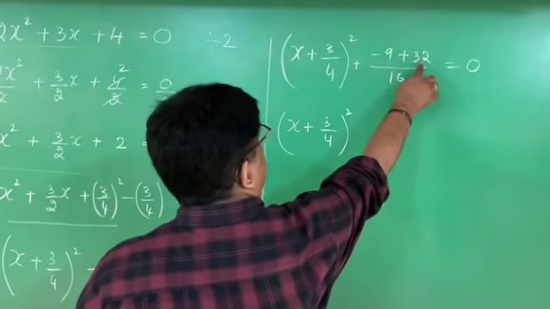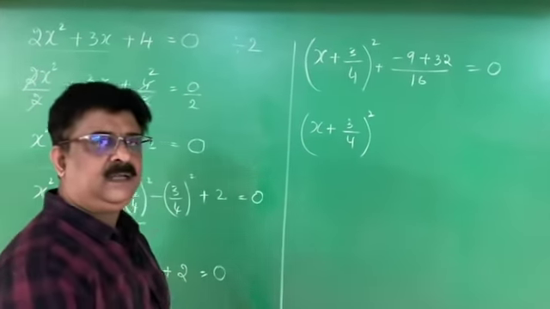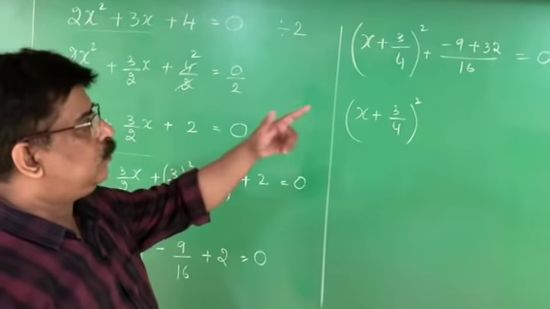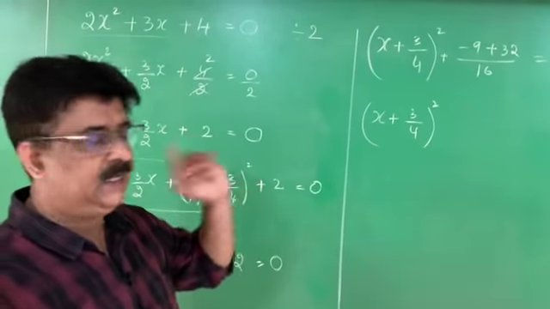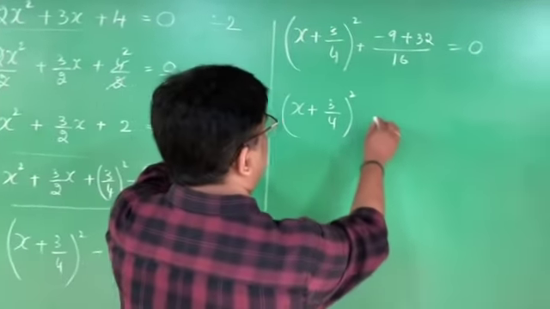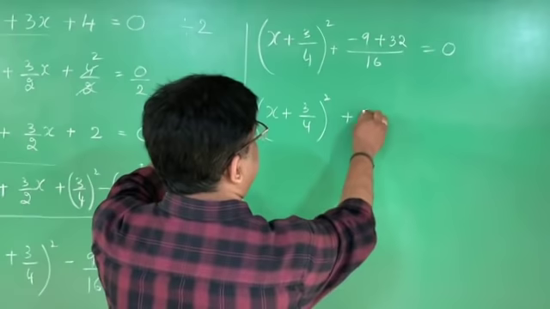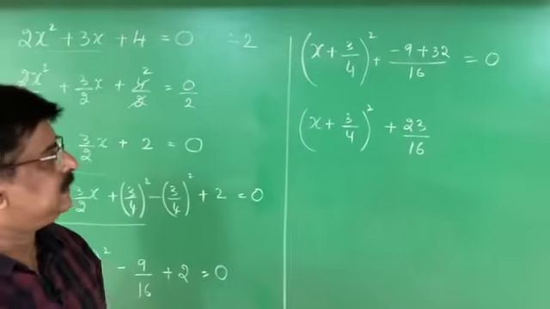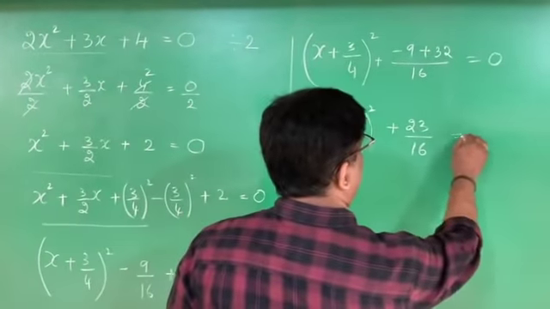Now 32 minus 9, you have to subtract 9 from 32. 12 minus 9 is 3. Then it becomes 23 by 16.